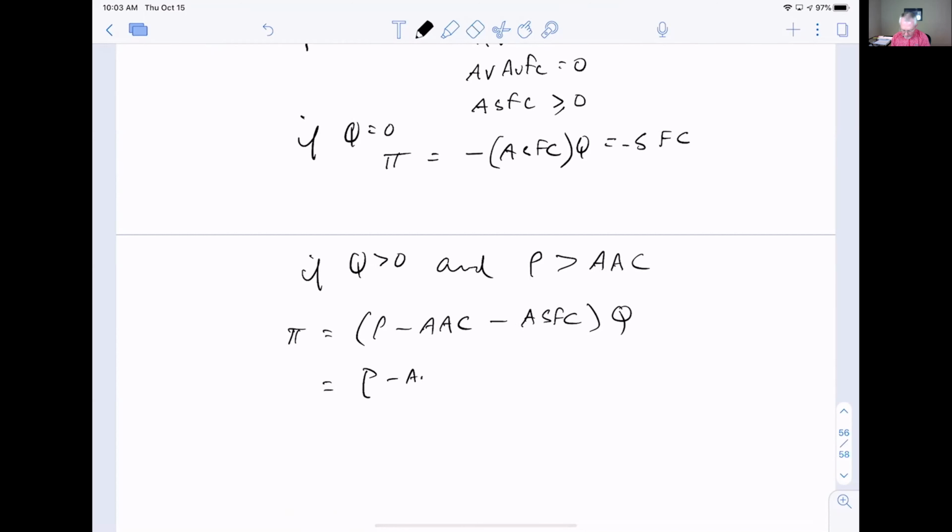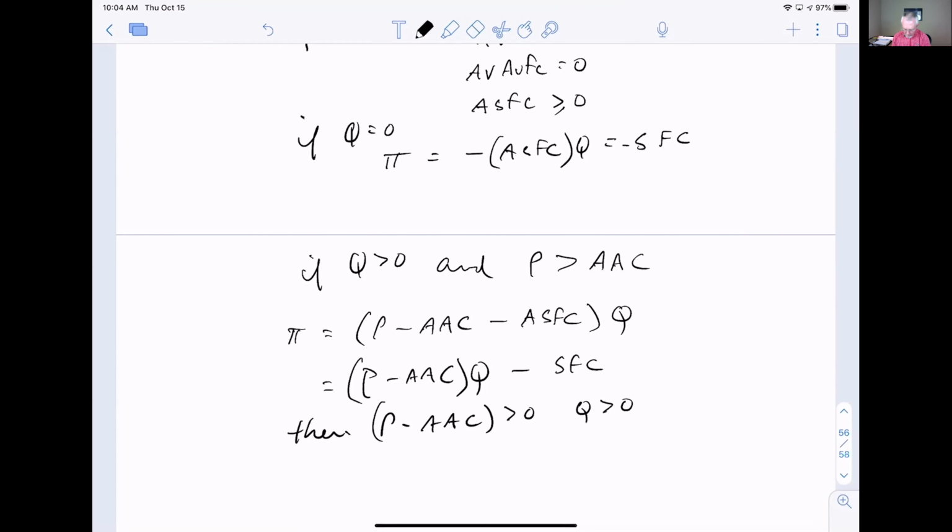P minus average avoidable costs times Q minus, this would just be sunk fixed costs. So if price is greater than average avoidable costs, then P minus average avoidable costs is positive. So that means that this first term will be positive, and Q is positive, then P minus average avoidable cost times Q will be positive. This is what we're going to call producer surplus a little later.